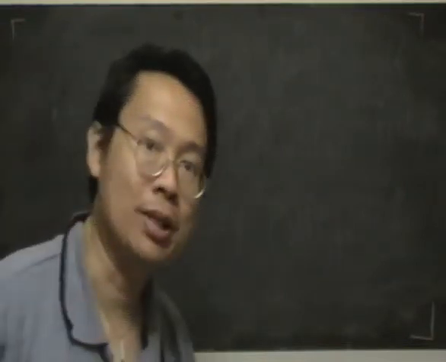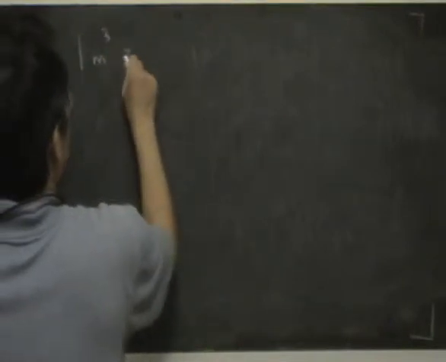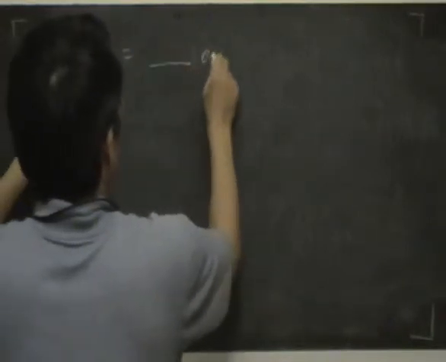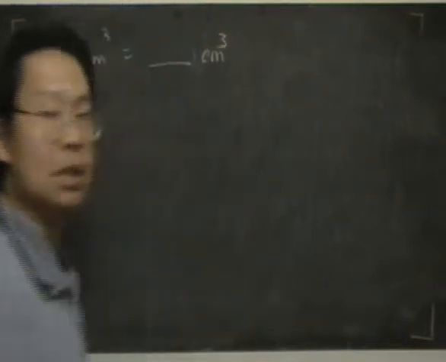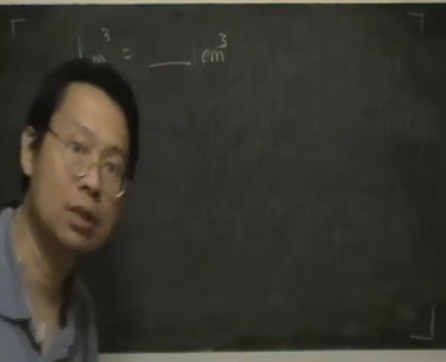So let me write down the question. The question is 1 meter cubed is equal to how many centimeter cubed? So that's the question. Fill in the blank.